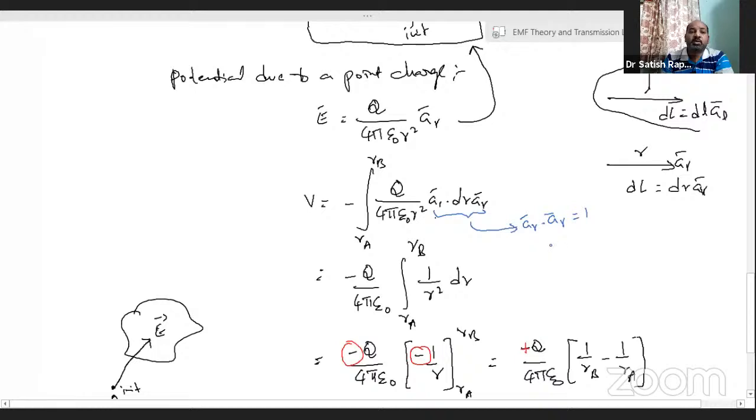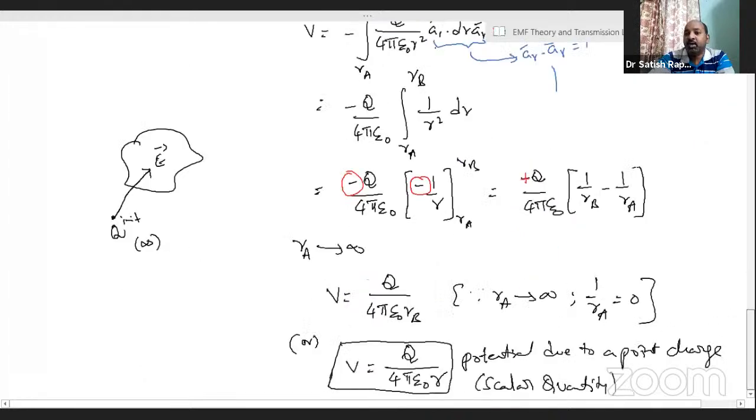So therefore there is no unit vector, that means no direction. So here V is equal to Q by 4 pi epsilon R is a scalar. So therefore potential is a scalar. It is not a vector.